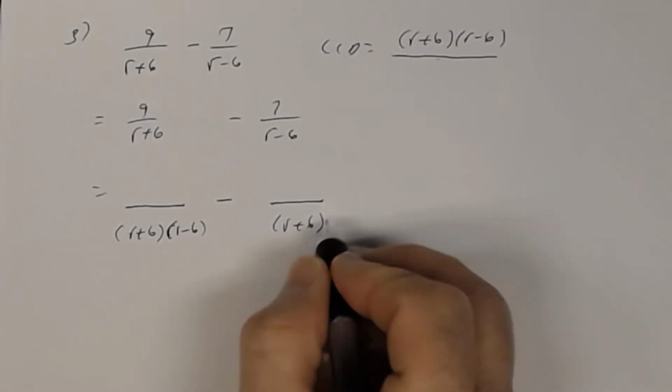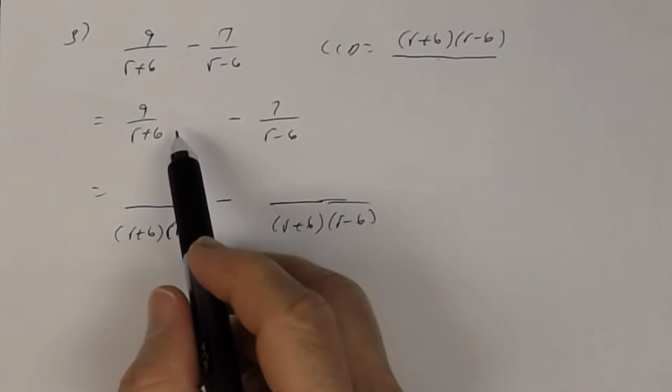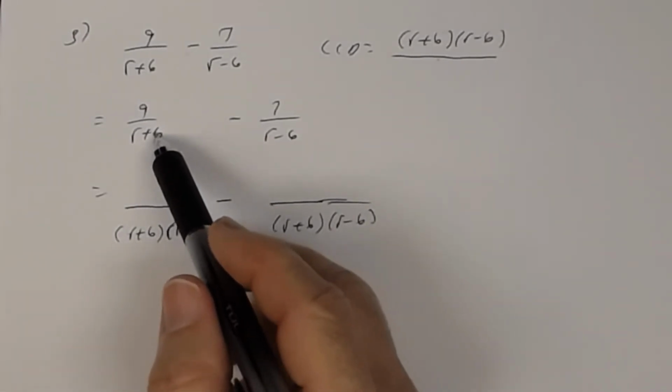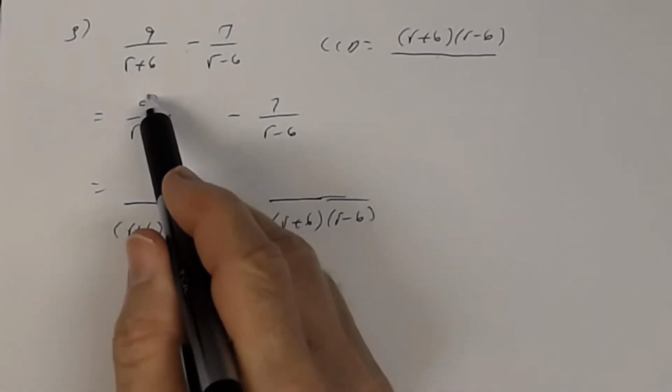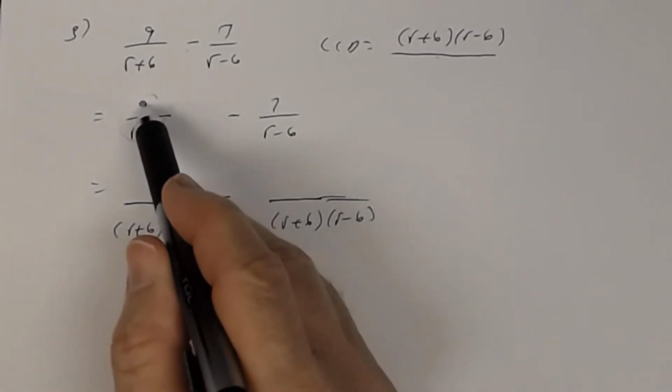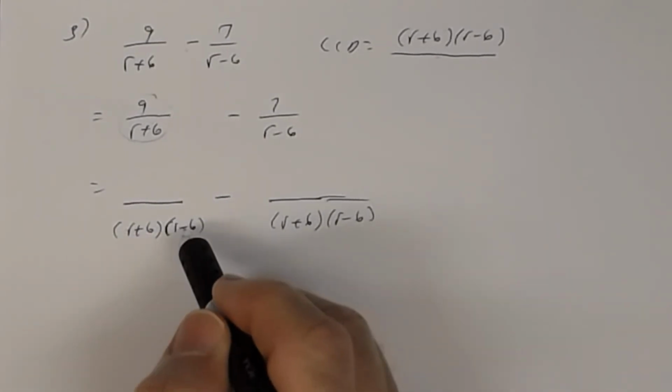Okay? And so now I'm asking myself, 9 divided by r plus 6 is equivalent to what rational expression with these two factors?